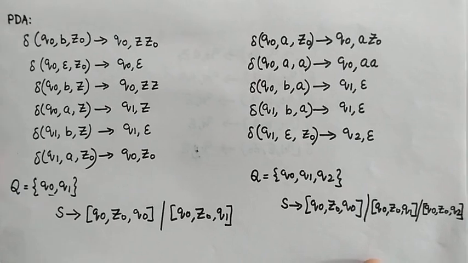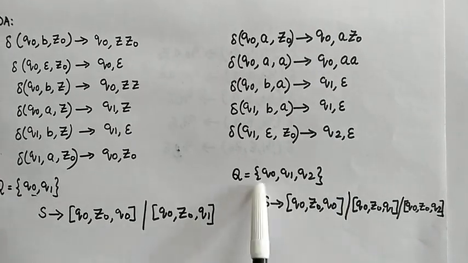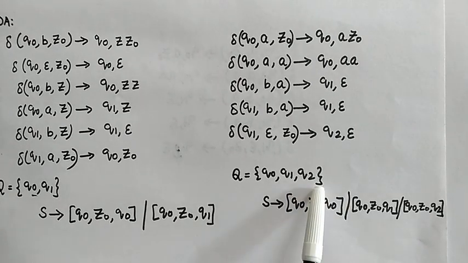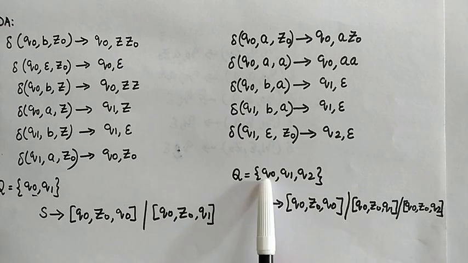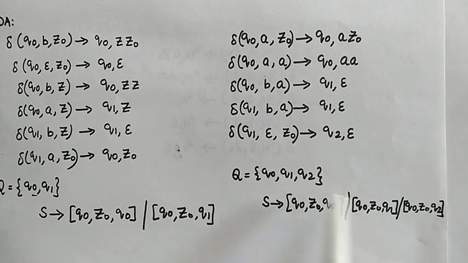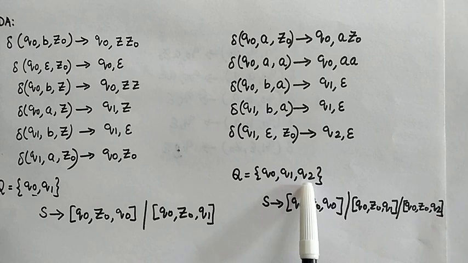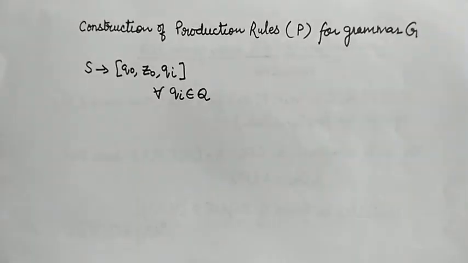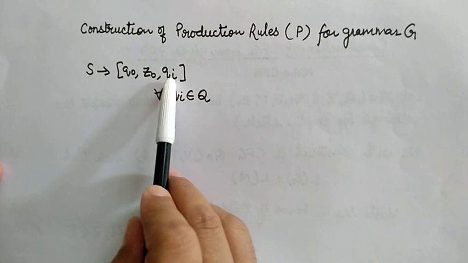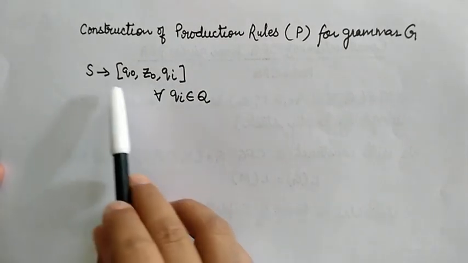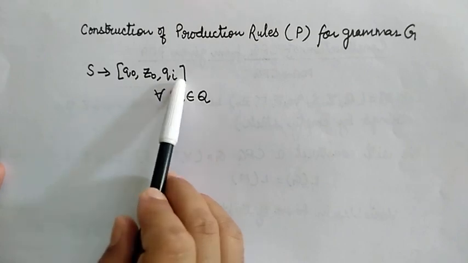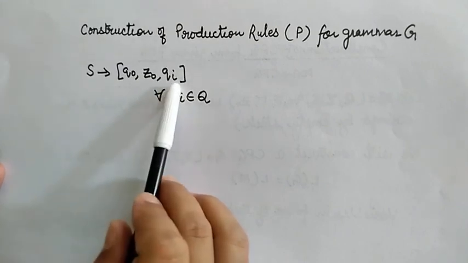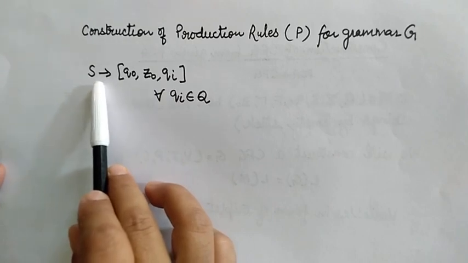Like in this example, there are three states in capital Q, so the production rules for S will be S to Q0 Z0 Q0, S to Q0 Z0 Q1, S to Q0 Z0 Q2. That means for all the states present in the capital Q, we will write the productions S to Q0 Z0 Qi. This will be the productions for the start variable.